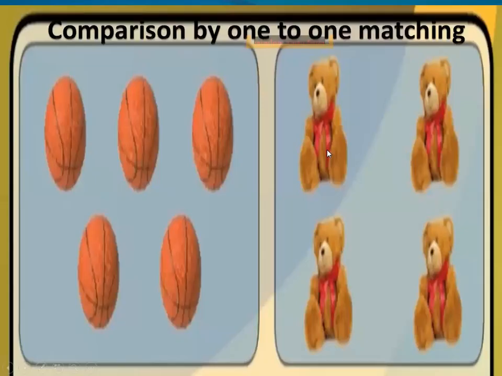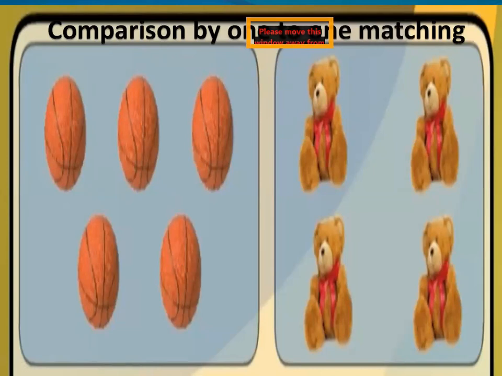Now let's move to the next activity. It is also another group of numbers. First we count it. How many balls in group A? Count it. There are 5 balls in group A. How many bears in group B?